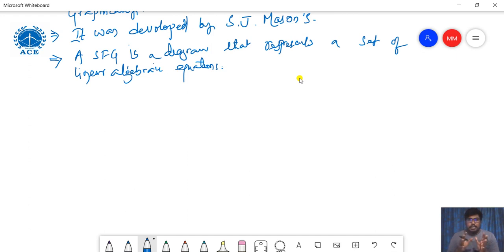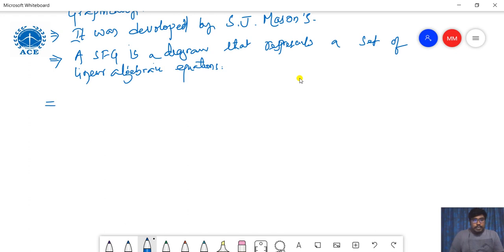The representation is different. One method approaches the control system graphically, and the other approaches it as blocks. That is the only difference. And when going to the SFG, we have an advantage: by using Mason's gain formula, we can compute the overall gain of the control system easily. That's why we follow this one, right?